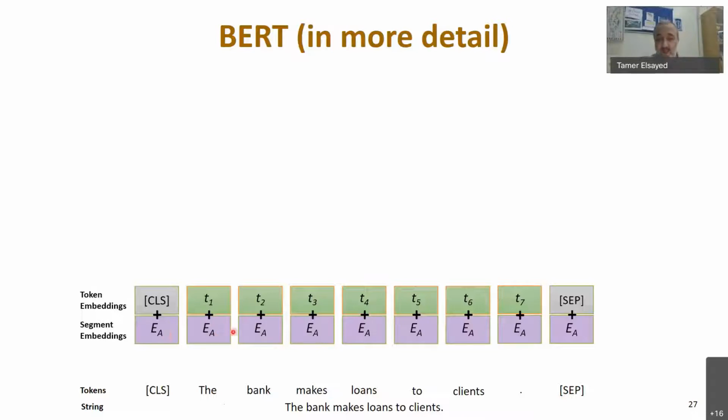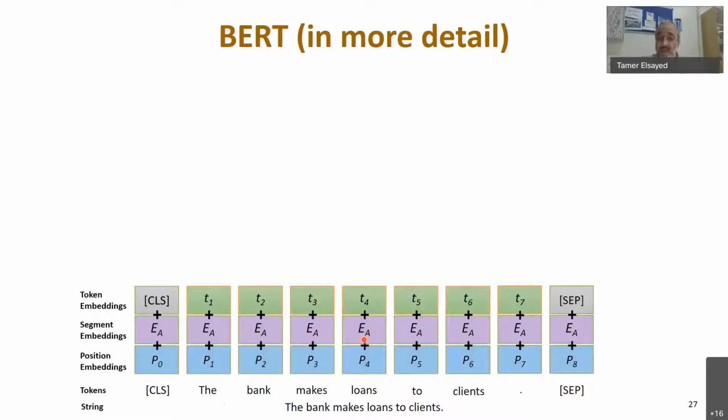It will be like, let's say, 1 and 2. 1 will indicate the first sentence, and 2 will indicate the second sentence. So that's what we mean by segment embeddings. We also have the position embeddings.